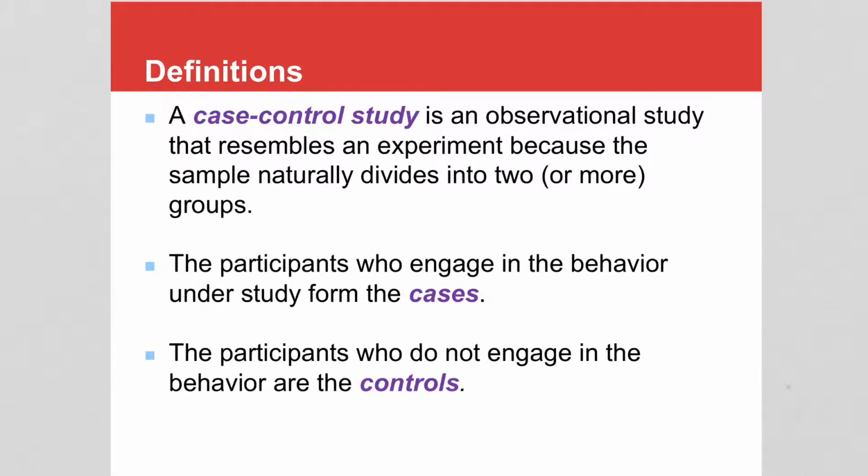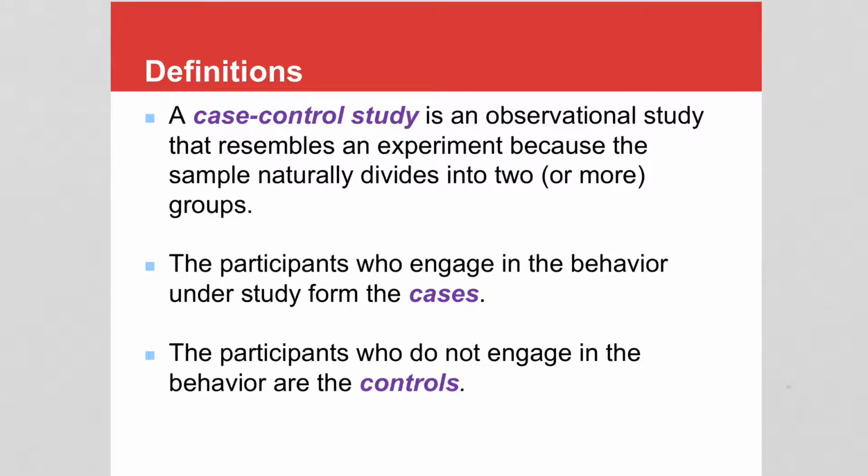A case control study is an observational study that resembles an experiment because it naturally divides into two or more groups. So it's observational, but it's something that you couldn't have done an experiment on.